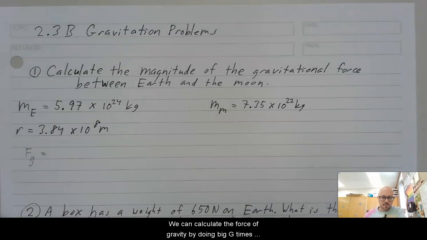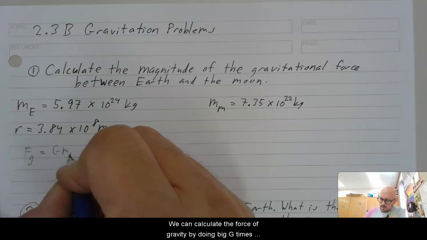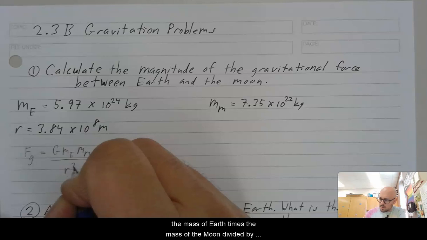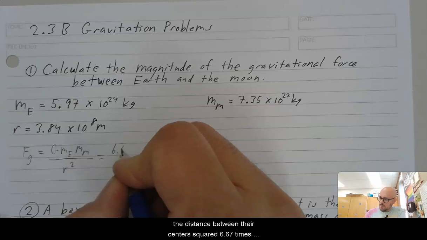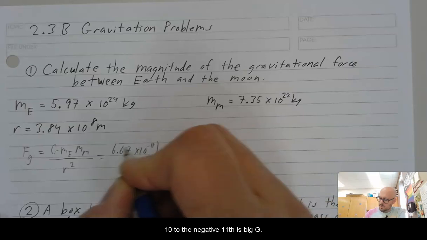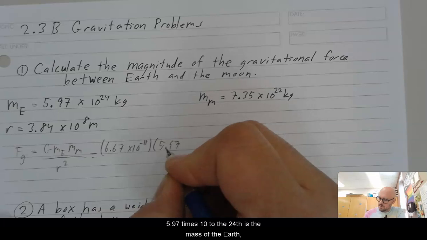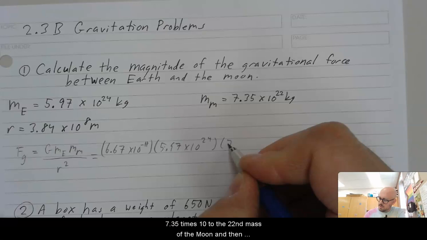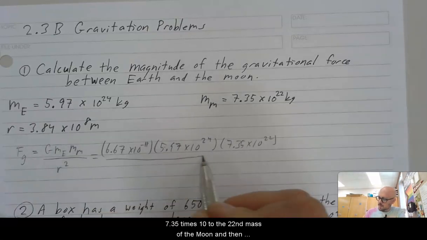We can calculate the force of gravity by doing big G times the mass of Earth times the mass of the Moon divided by the distance between their centers squared. 6.67 times 10 to the negative 11th is big G. 5.97 times 10 to the 24th is the mass of the Earth. 7.35 times 10 to the 22nd, mass of the Moon.